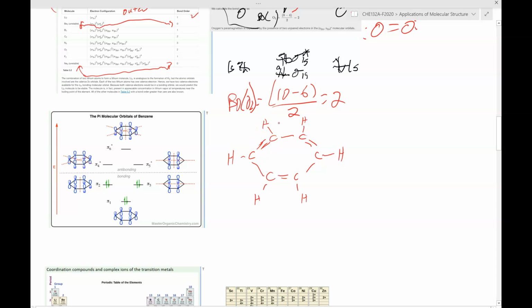So quick, how many pi and sigma bonds have I got there? I'll pause now if you want to work that out. We have 3 pi and 12 sigma. Each carbon has a sigma bond to a hydrogen and a sigma bond to another carbon, and if I just count one of those, then I don't double count the carbon-carbon bonds, I'll wind up with 12 sigmas.